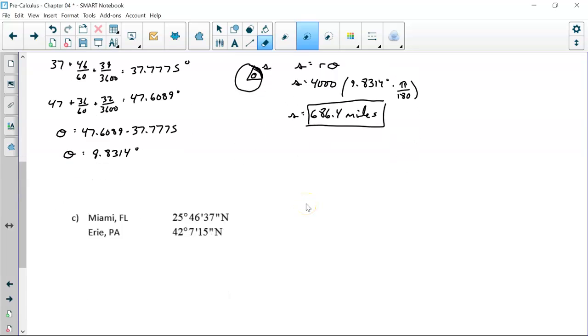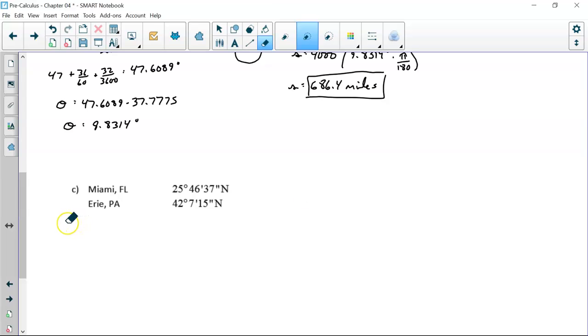From Miami to Erie, convert 25 plus 46 over 60 plus 37 over 3,600. That's going to be about 25.7769 degrees. And Erie, 42 degrees plus 7 over 60 plus 15 over 3,600.